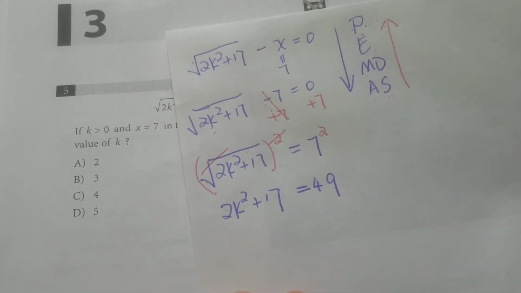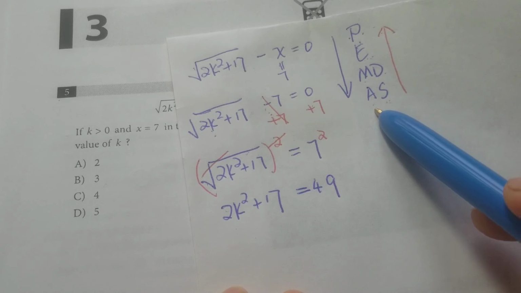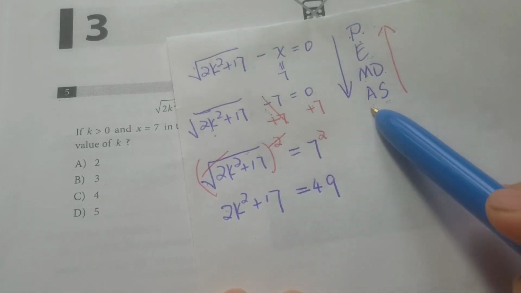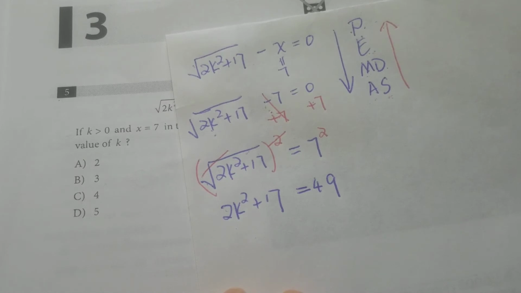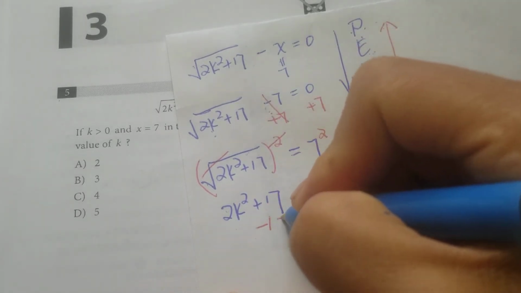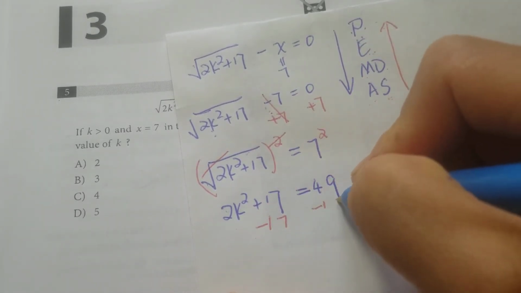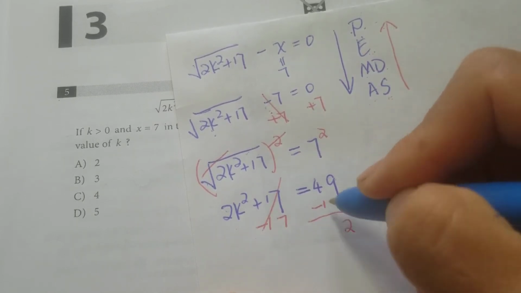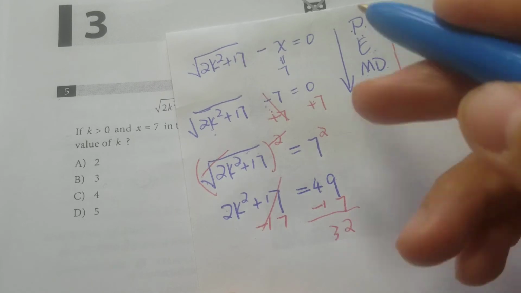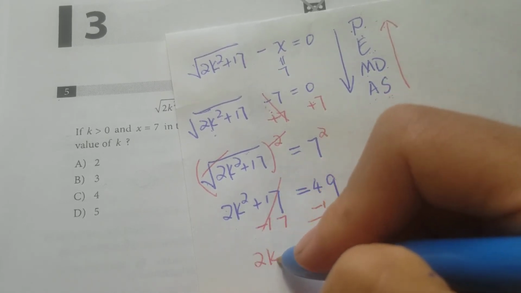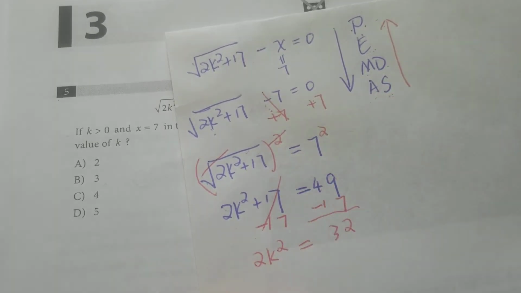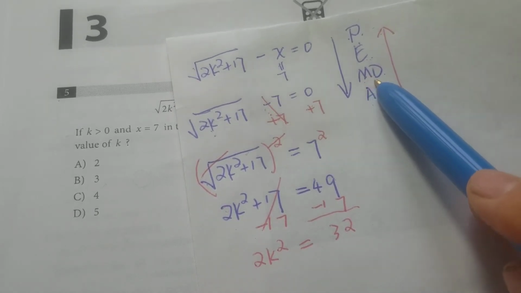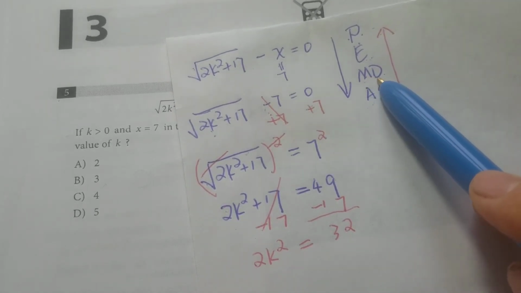Now back to the order of operations again. We have addition, which is the part we need to deal with first. So subtract 17 from both sides, where we have 49 minus 17. So I have 2k squared equals 32. Order of operations, I need to deal with multiplication or division.